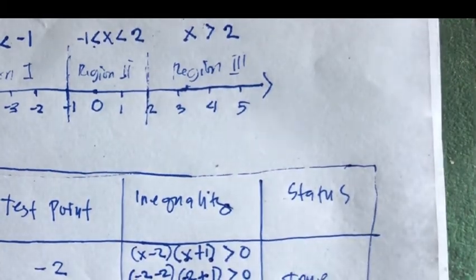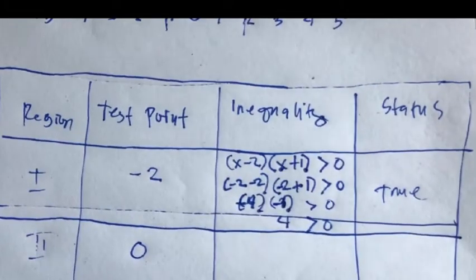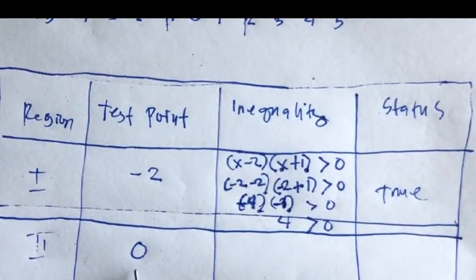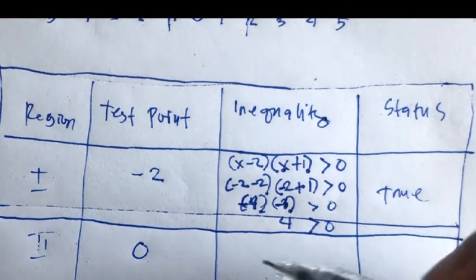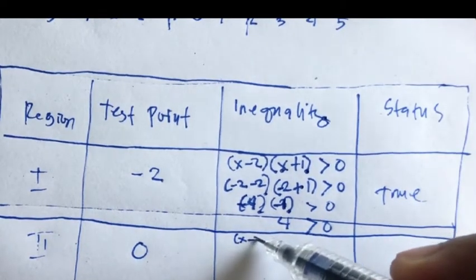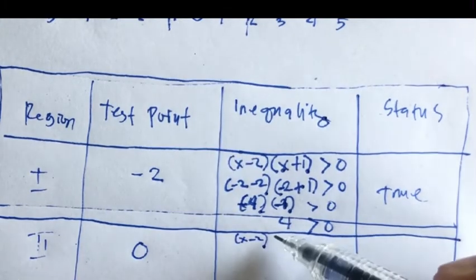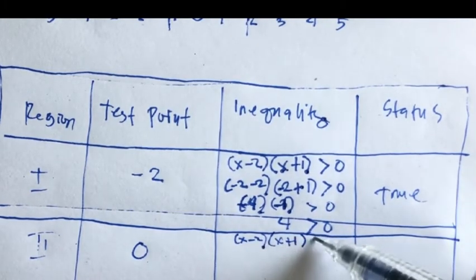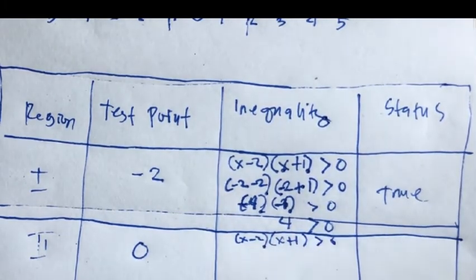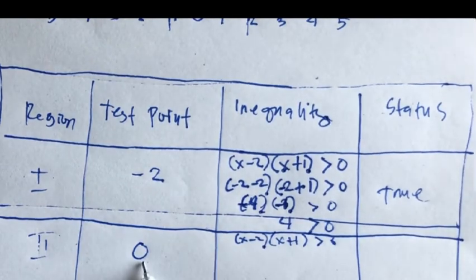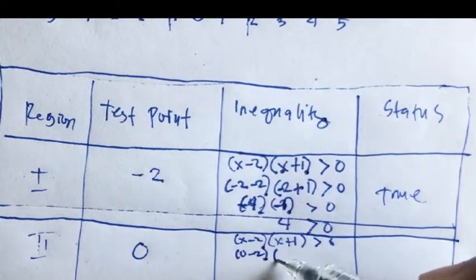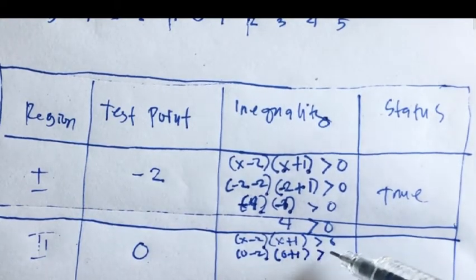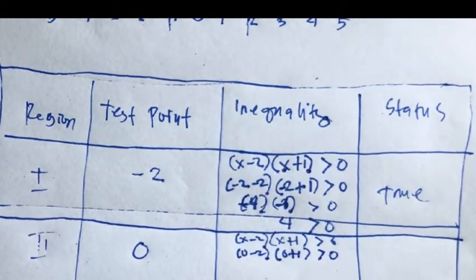Now for the next test point, we are going to use 0. Now we have here, copy the factors of the inequality, that's x minus 2 times x plus 1 is greater than 0. Substituting 0 to our variable x, we get 0 minus 2 times 0 plus 1, copy the inequality, that's 0.